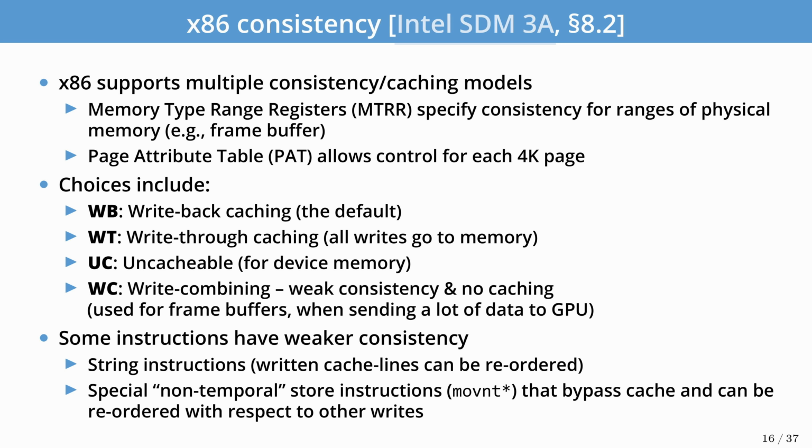Some instructions also have weaker consistency models than others. There are a couple of interesting examples. One is the string copy instruction. In x86, string copy, mem copy, and mem move can be implemented as a single instruction using the rep prefix on a move instruction that moves between two memory addresses.